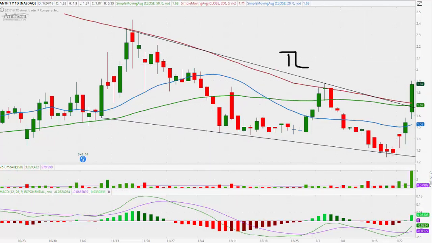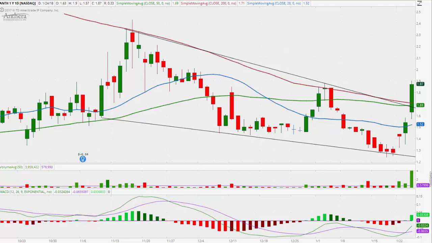So again, you don't need to be a trend trader. You can be a reversal trader and take this long on the downtrend line breakout. Okay, on the falling wedge pattern breakout. So we cleared the 200-day SMA, we cleared the 50-day SMA, we cleared that downtrend line resistance, blue skies, and as you can see, it shot up close to 20% on that breakout.